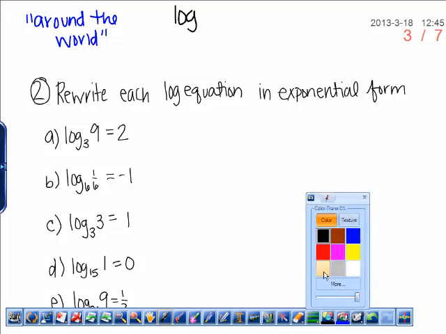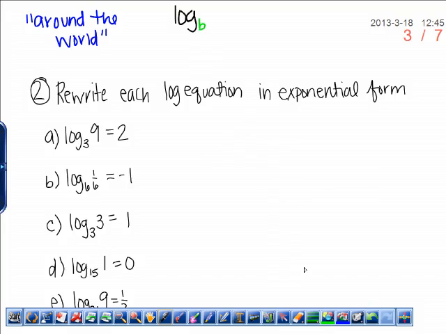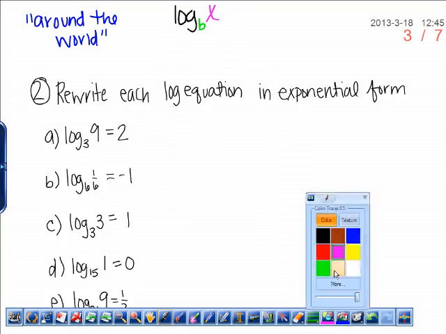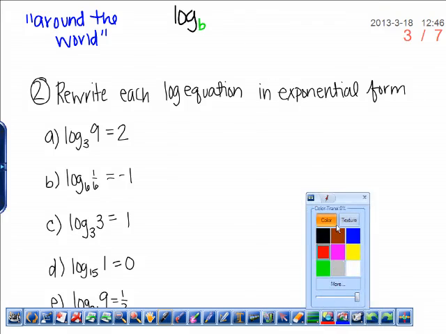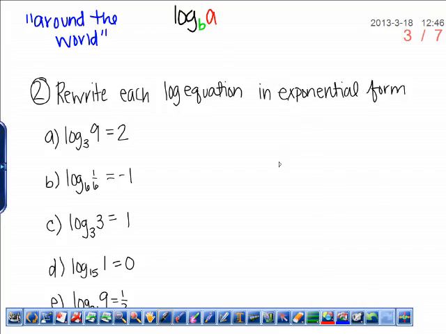All right, so if I have log base b of a equals x.